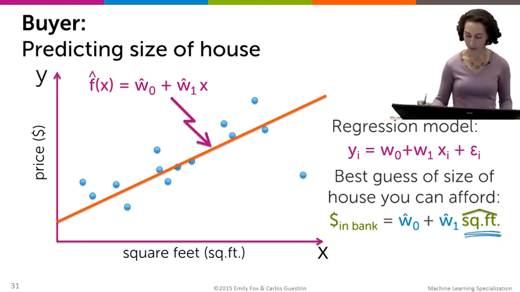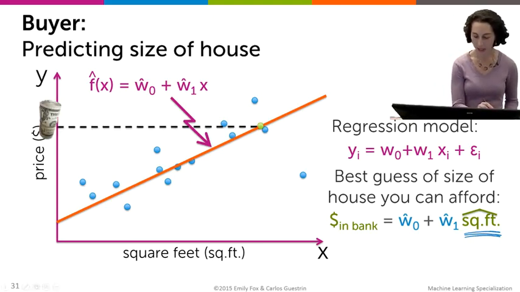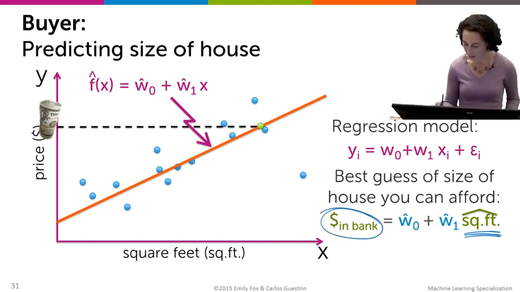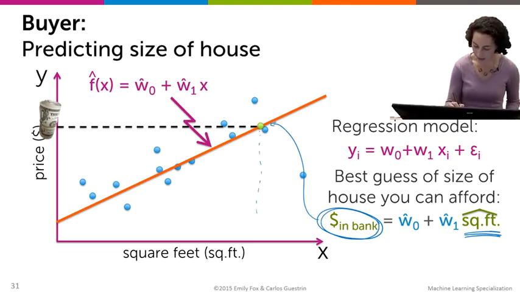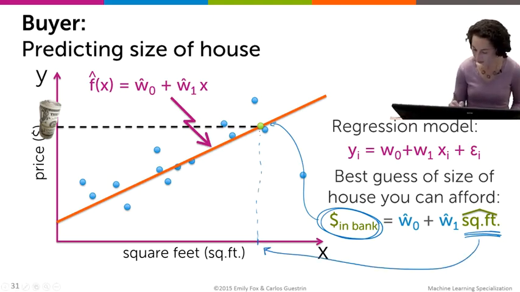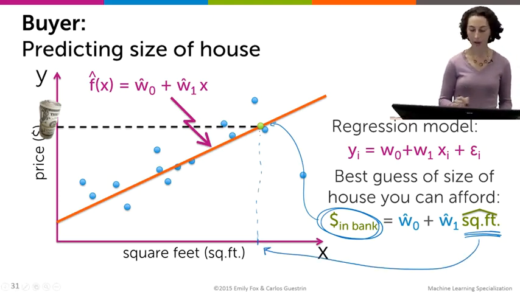So just using this equation in reverse. So I have some amount of money in the bank, and that's going to be dollars in bank is this. And then I'm going to look at how many square feet I believe that I can purchase with that amount of money.